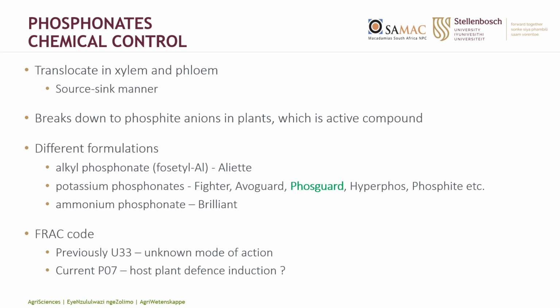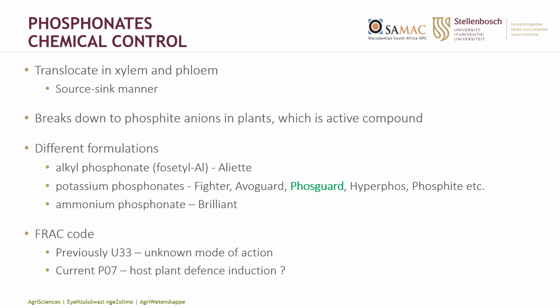The mode of action of phosphonates is very interesting, which is also evident from the FRAC code. At first the mode of action was said to be unknown, but currently FRAC considers it to be a host plant defense induction product. This is also likely why there is no reported resistance development against phosphate anions.